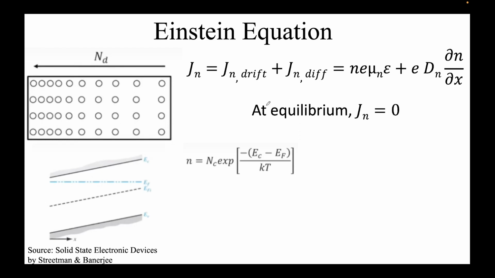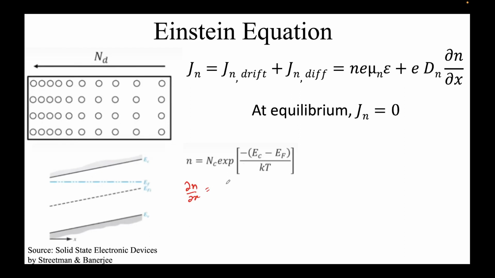So if I put Jn equal to 0, then this expression has to become equal to 0. Now we just need to find dn over dx. And this is the expression for n, the electron concentration from your first or second lecture. Now I'll just differentiate it with respect to x.